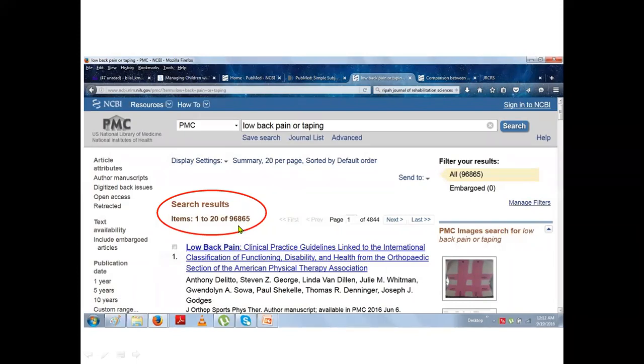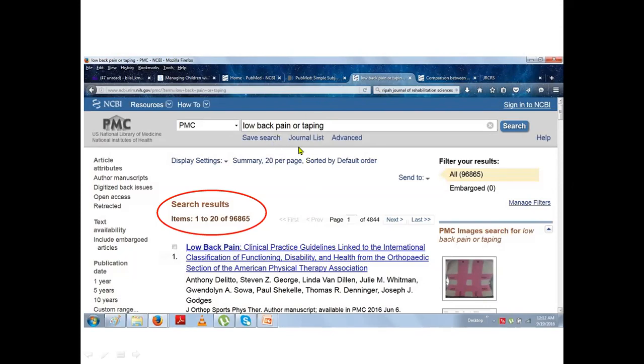It means these 96,000, almost 97,000 articles are based on low back pain, or based on tapping, or based on both low back pain and tapping. So if tapping is used for the shoulder region as well, those articles are also indexed here. So it gives a very broad search.